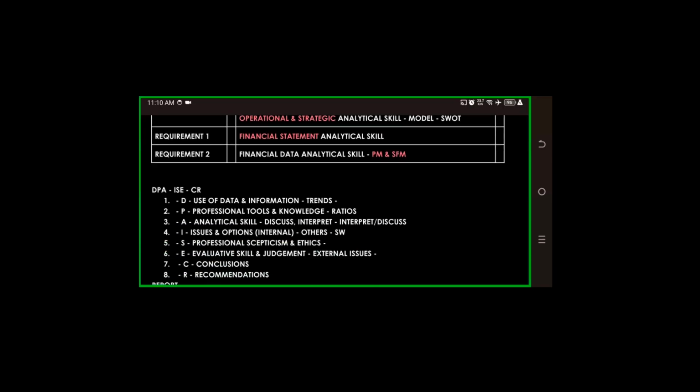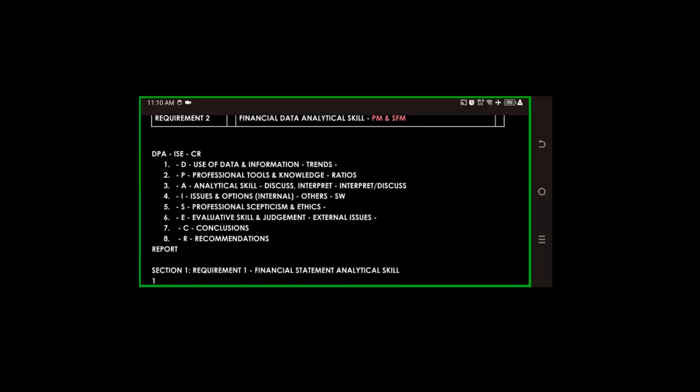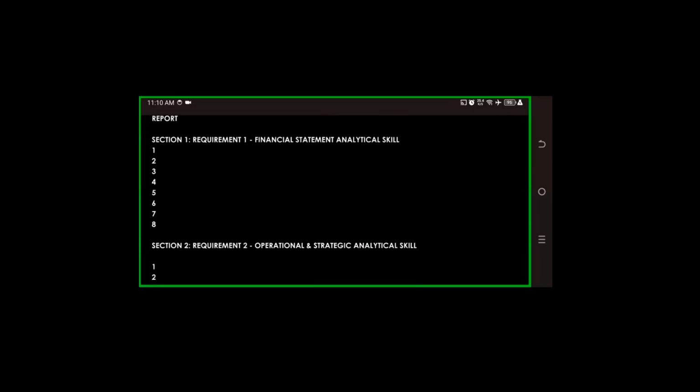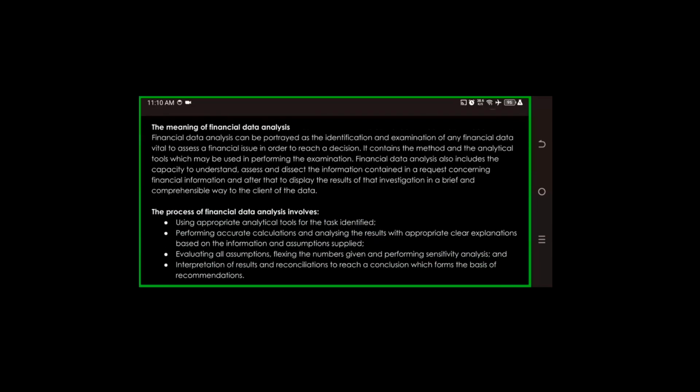Again, they share similarities, because under financial data analytical skill we are also going to be following the 8 steps in writing. But then, what is financial data analysis? That is the question we should ask ourselves.